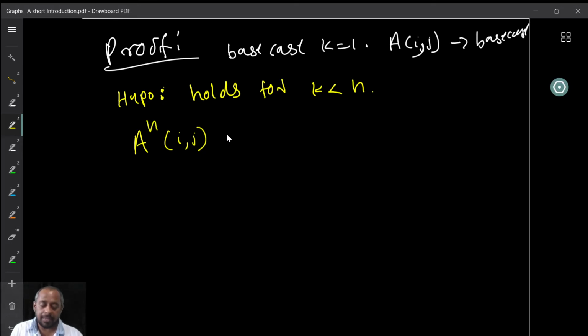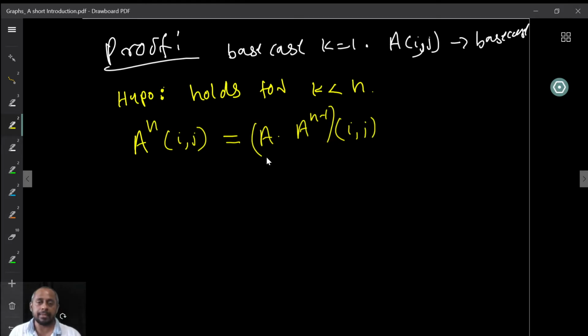Now what is this? By definition of the matrix product, this is equal to A into A raised to n minus 1, of ij. So this is the product, and then you look at the ijth entry. Now what is the ijth entry of this product?